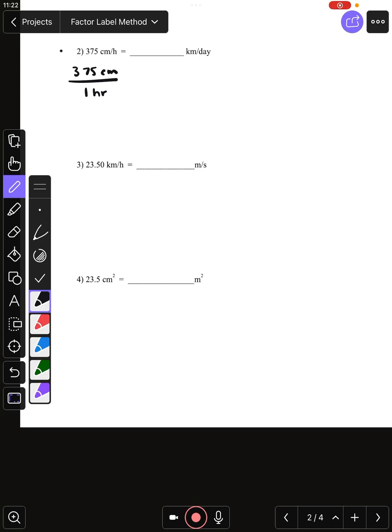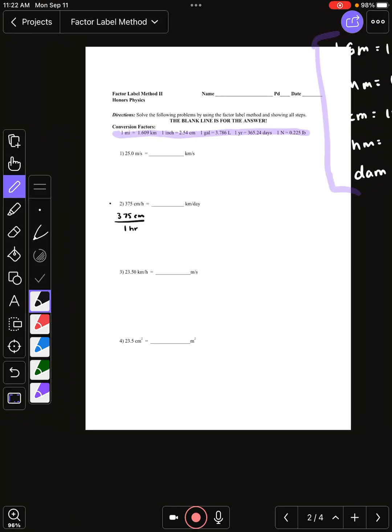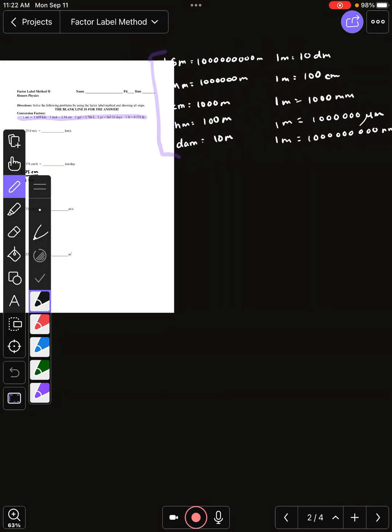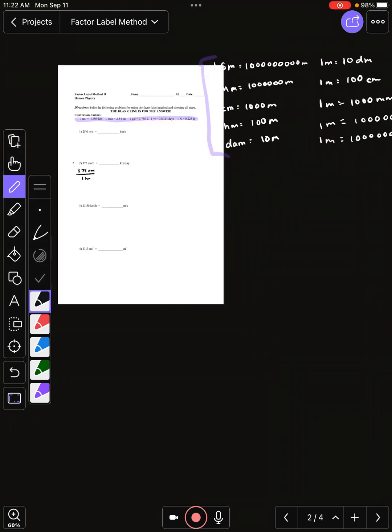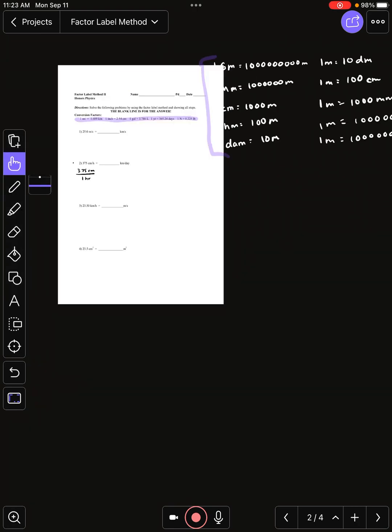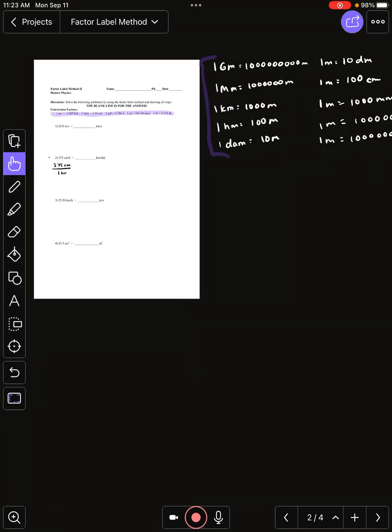So on top, I have to go from centimeters to kilometers. Now, I do not know what centimeters to kilometers are. I could use the number line to help me out, or I could just think of the information I memorized. From centimeters to meters, 1 meter is equal to 100 centimeters.